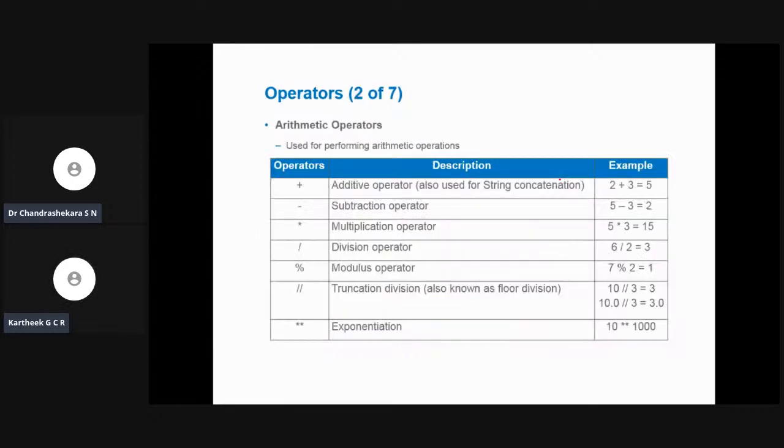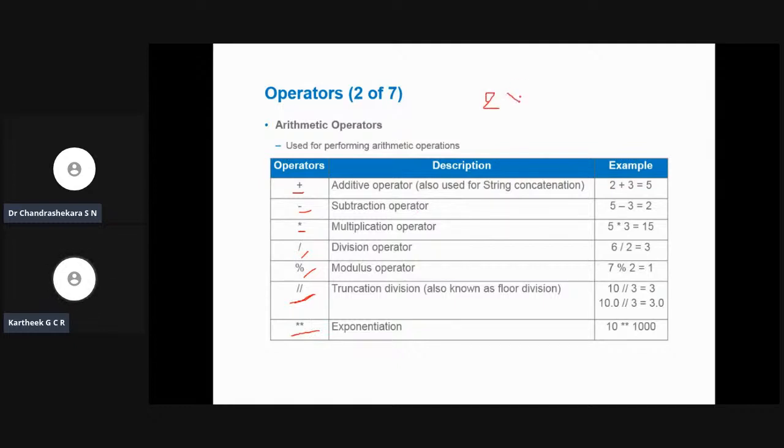Now, arithmetic operators are obviously plus, minus, star, divide by, modulus, then something called float division or truncated division. I will tell you what float division is. Then you have to the power of, that is exponentiation. You don't have to use POW. You can just give double star.